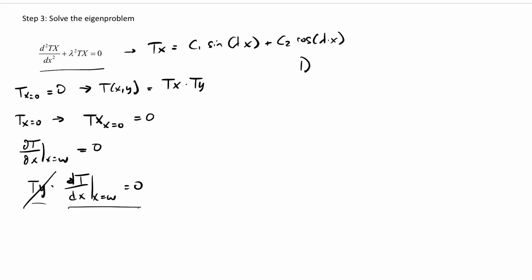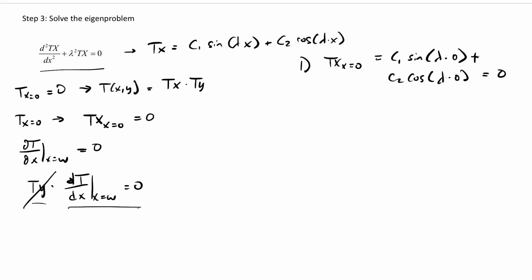I'm enforcing this on step 1. We're going to say T_x at x equals 0 is equal to c1 sine lambda x at x equals 0, plus c2 cosine lambda x at x equals 0. That has to equal 0.